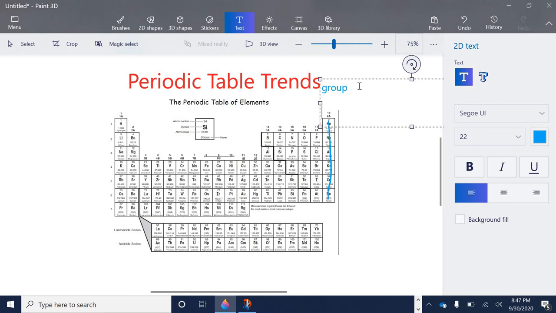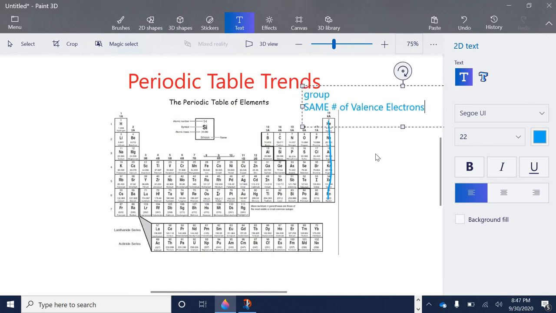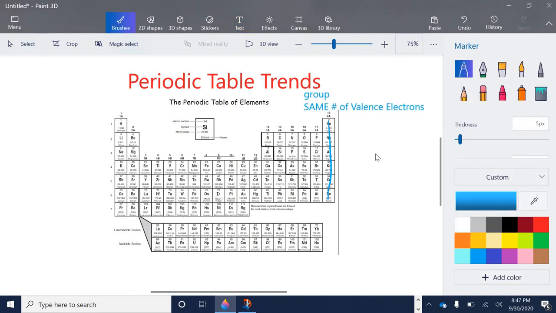Everything in the same group has the same number of valence electrons. That means that everything in that group has the same number of electrons in its highest energy level. So if this is the nucleus of my atom and it's got some protons and some neutrons in it, I'm not going to spend too much time drawing protons and neutrons.